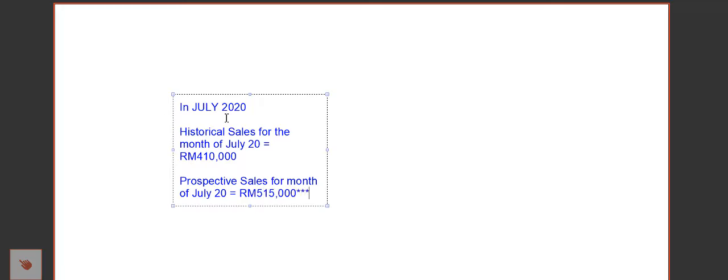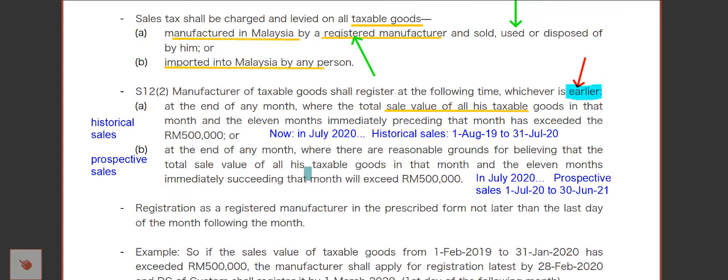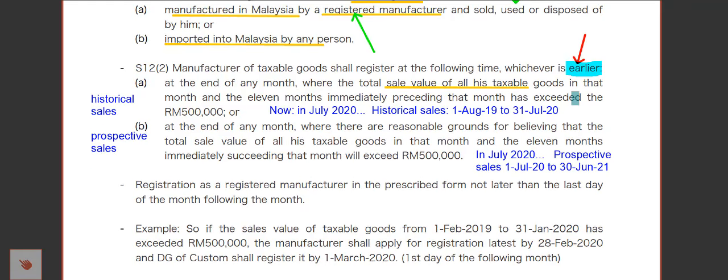Now notice, even though historical sales you have not hit the 500,000 threshold mark, the prospective sales you have hit the 500,000 threshold mark. So you will still need to register yourself, because the law uses both historical sales and prospective sales, whichever earlier.